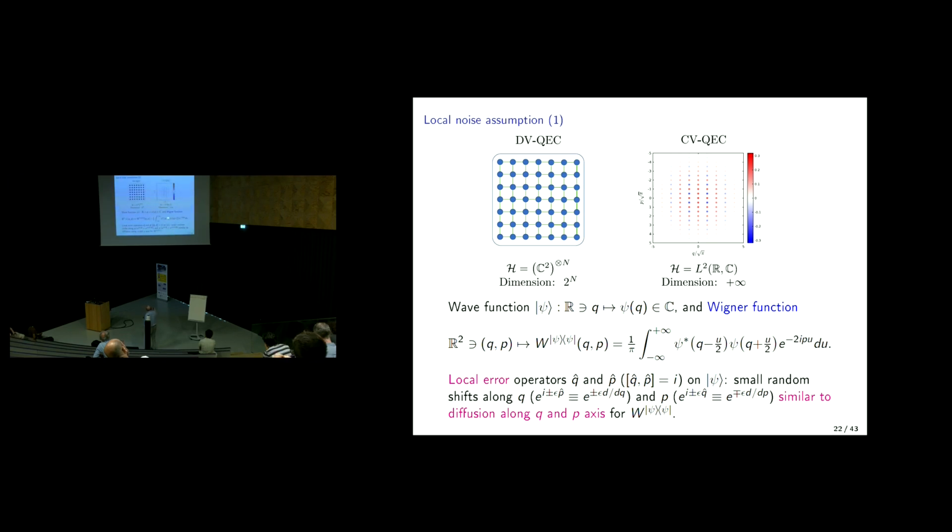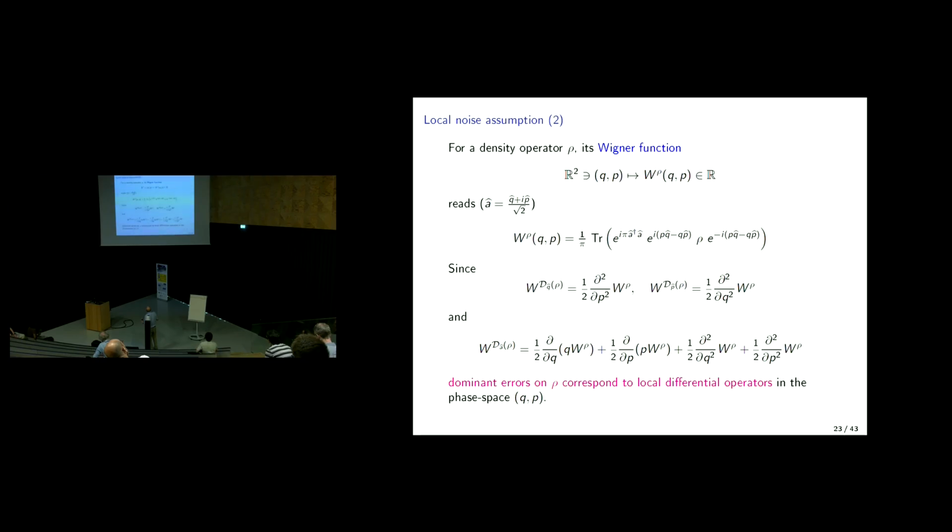And here it is the definition. And one point is that this transformation is well used in signal processing. It is the Wigner-Ville transformation of a signal. So if you want to do this with MATLAB, you have all the tools to compute this, with the signal processing toolbox. Okay. So this is the local noise assumption.